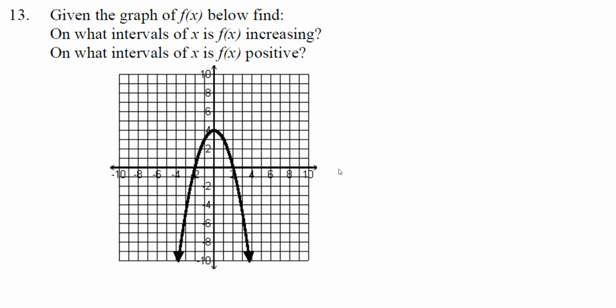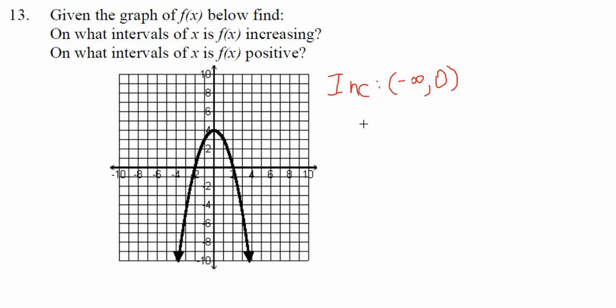So in this particular case, the increasing interval starts all the way down at negative infinity, because that's all the way at the left, and keeps increasing until we hit this maximum point, local max, above x equals 0. So that would be our interval of increasing.